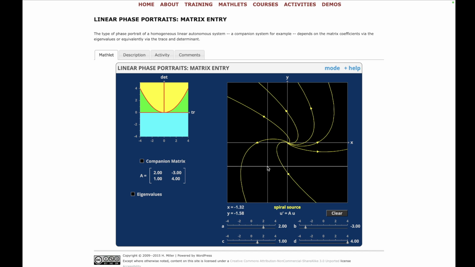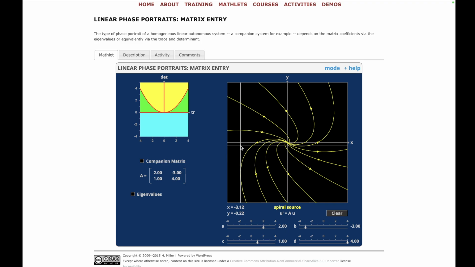So you can draw stable or unstable portraits. From the origin the arrows point outward, so this spiral is unstable.